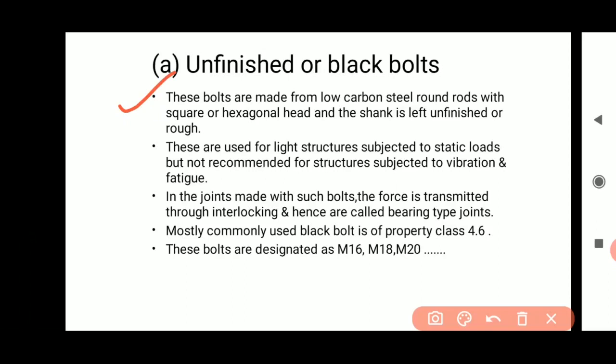The unfinished or black bolt is made from low carbon steel, and the bolt heads are usually of square or hexagonal shape, and the shank part is generally unfinished.